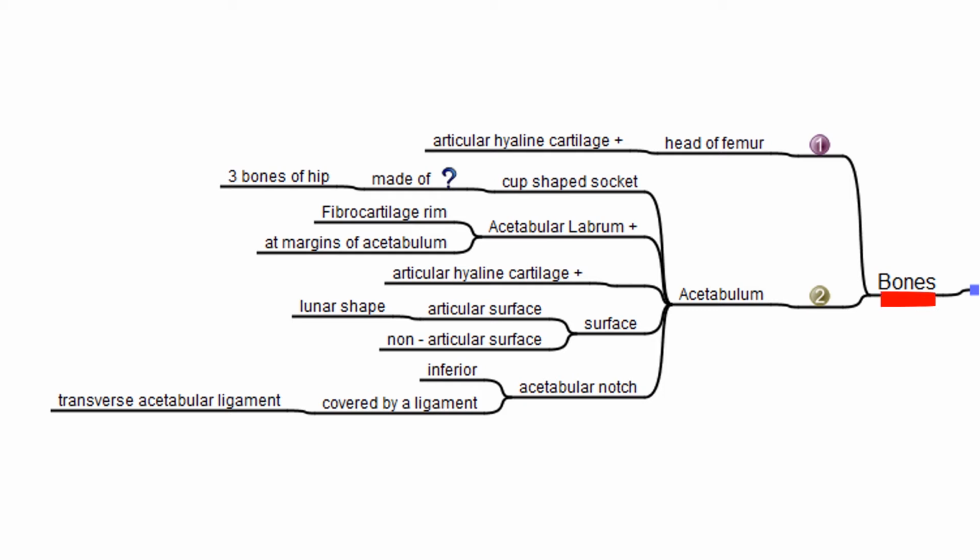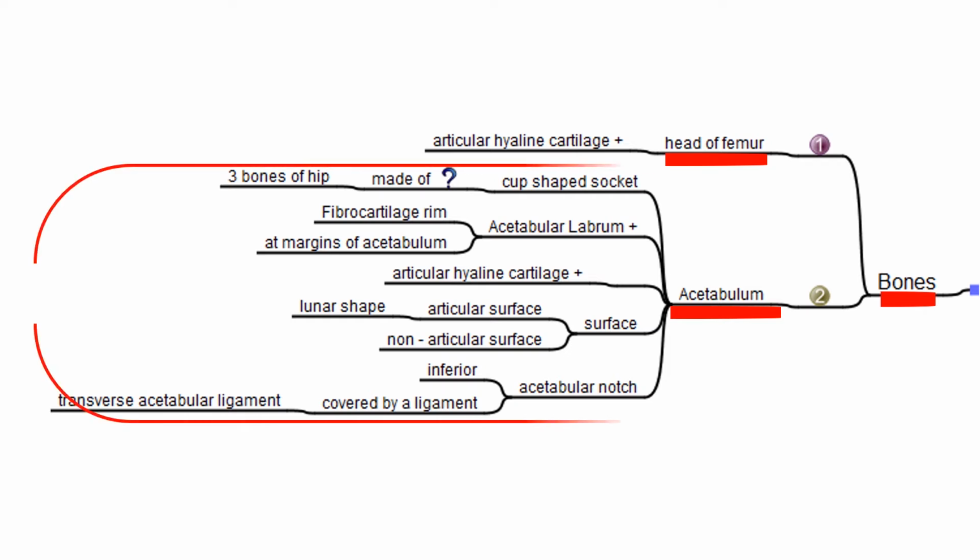Now, the bones making the hip joint. It is the head of the femur covered with articular cartilage, and the head of the femur sits in the acetabulum. What is the acetabulum and what are its main features? It is a cup-shaped depression, and it is made of the three bones of the hip.